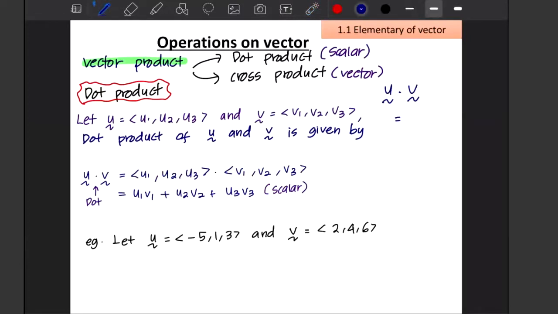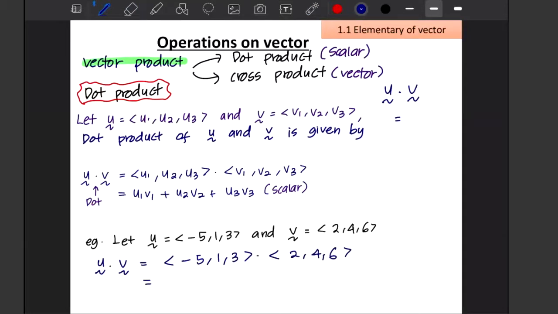Okay, let's say we want to find u dot v. Negative 5, 1, 3, dot 2, 4, 6.